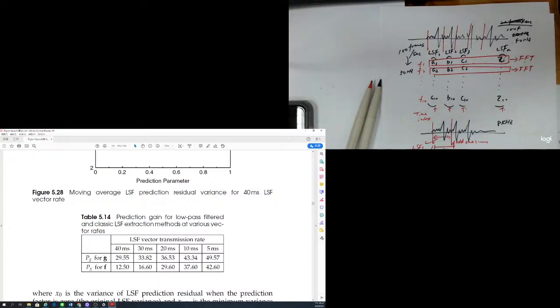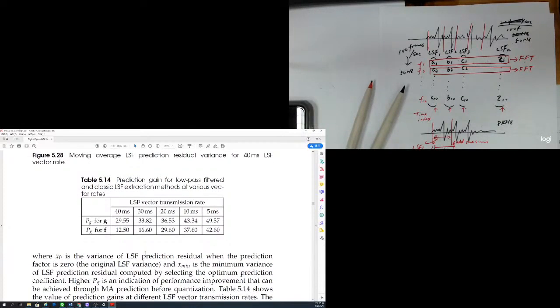If we use a low-pass filter before quantization, you can see the prediction becomes better. This one has deviation around 17, this one also close to 17, and this one becomes 7, around 7 and 6. So this just shows you that.